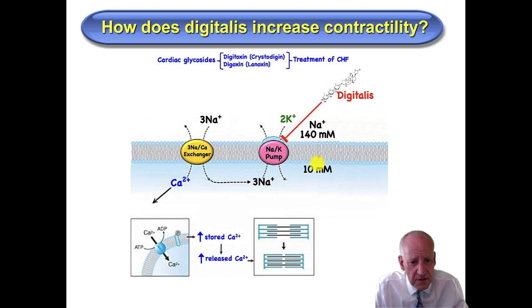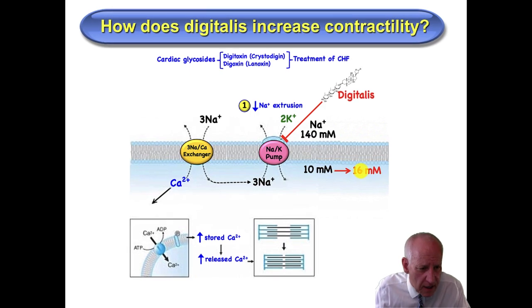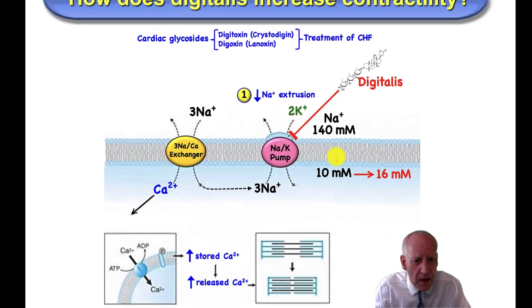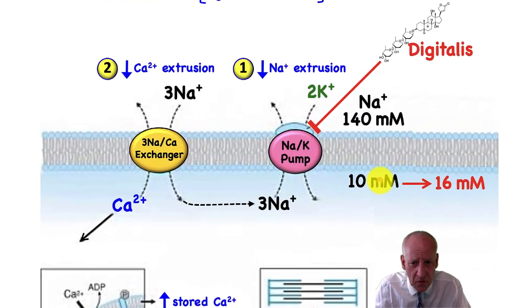In the presence of digitalis, the sodium gradient is partially dissipated, and there is no longer as much energy in the inward sodium gradient to drive calcium extrusion. So in the presence of a low therapeutic dose of digitalis, we have a reduced sodium extrusion by the sodium-potassium pump. This leads to a slight increase in intracellular sodium and a reduction in the inward sodium gradient.